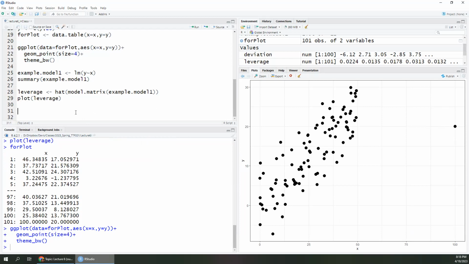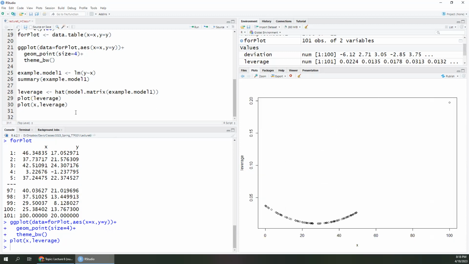And if I wanted to look at the corresponding X values with the leverage, you can do that, and it will tell you which one is your outlier. So these are the leverage values corresponding to each of the X values within my data.